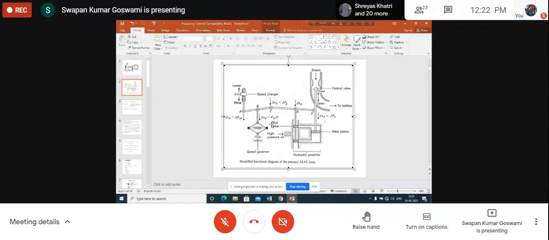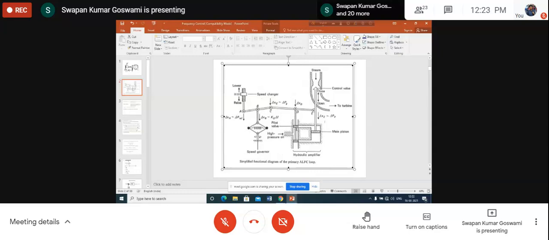Initially this was closed; the pilot valve was just at this position. Now, as A has moved up, C will be moving down, and as C is moving down, D also will be moving down.